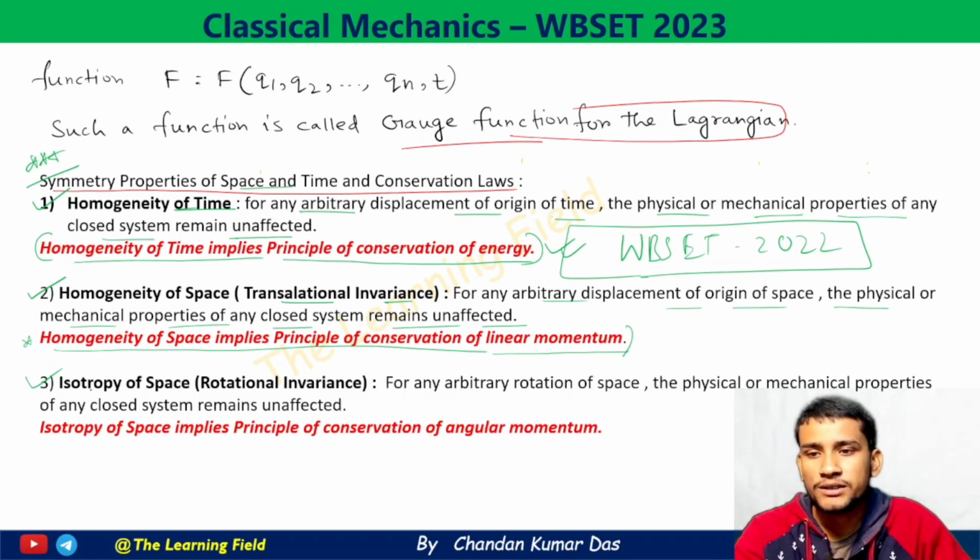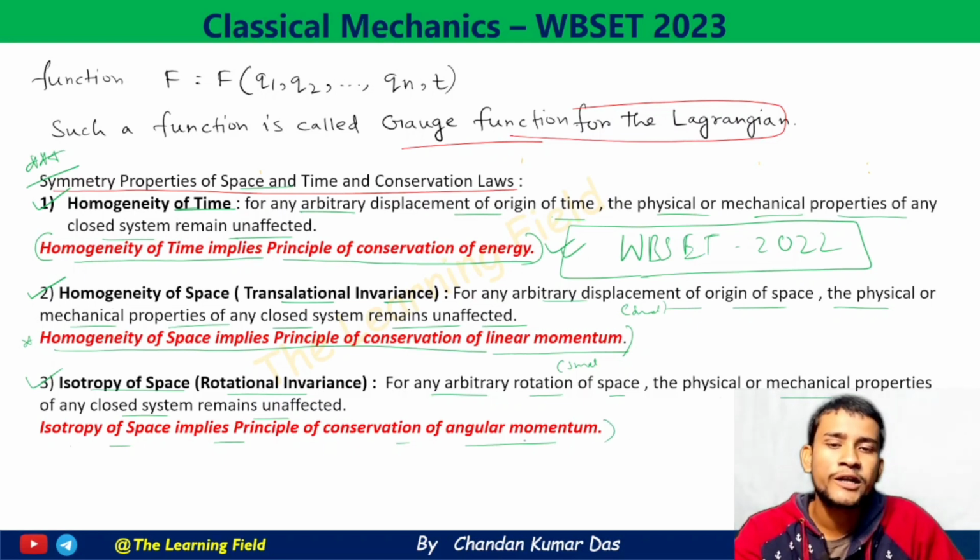The third one is isotropy of space, also known as rotational invariance, and it says that for any arbitrary small rotation or displacement of space, the physical or mechanical properties of any closed system remain unaffected, and isotropy of space implies the principle of conservation of angular momentum, okay.